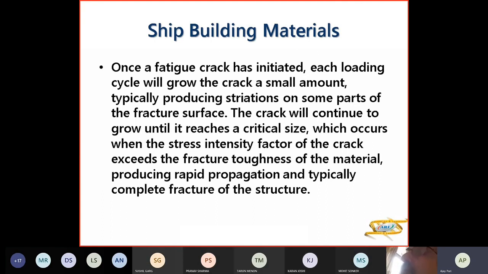But if you continue loading, the crack will continue to grow until it reaches a critical size. And when the stress intensity factor of the crack exceeds the fracture toughness of the material, this kind of fatigue crack can have a rapid propagation and typically complete the fracture of the structure. So initially it's slow, and finally the propagation of this fracture is fast.